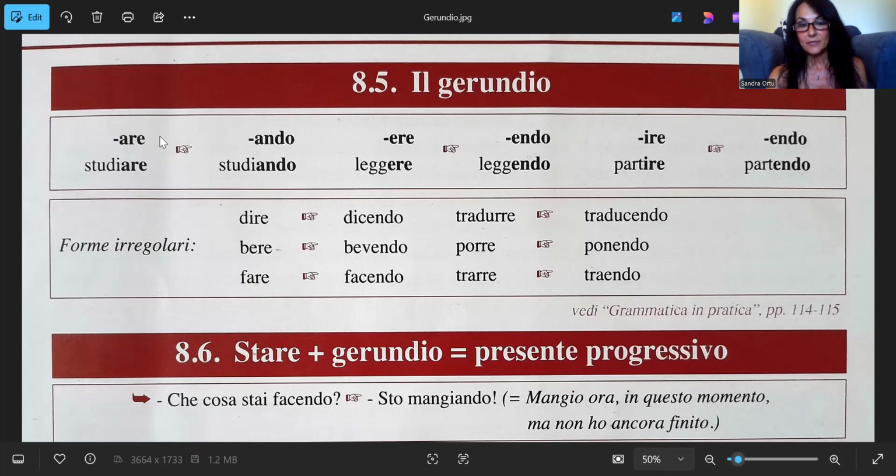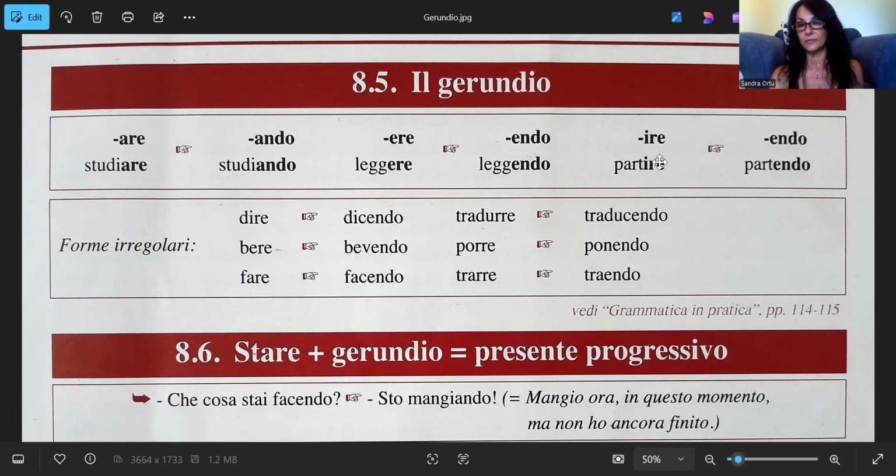As you can see, the verbs in are, we have an example, studiare becomes studiando. Studiare is to study, and studiando is studying. The verbs in ere become endo. So we have an example, leggere becomes leggendo, so to read and reading. And then we have the verbs in ire, which become also endo. We have the example partire, which becomes partendo.